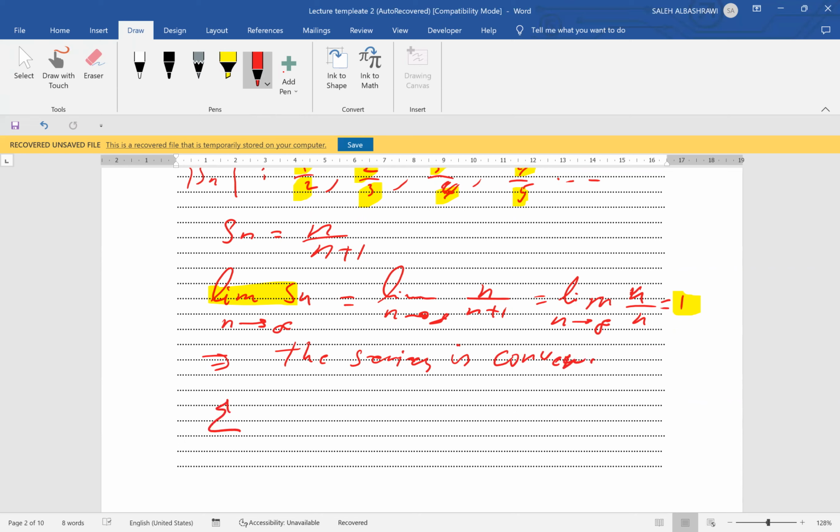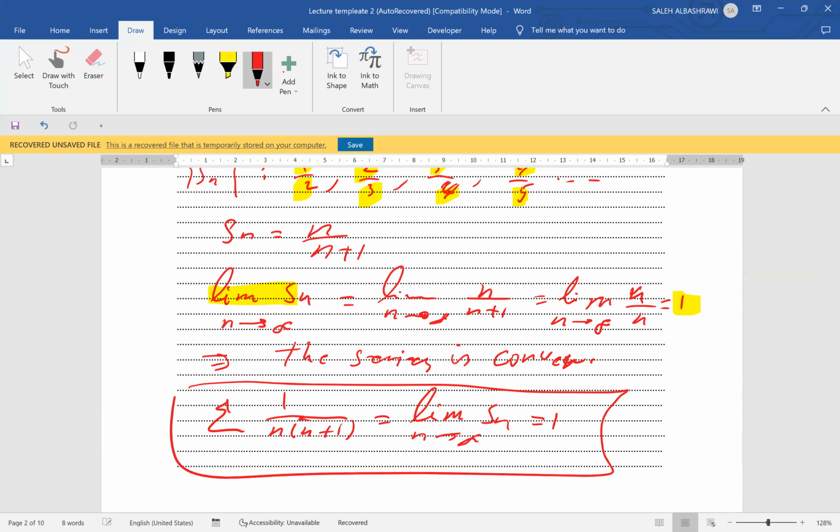And also the sum of the series, which is 1 over n times n plus 1, is equal to the limit of Sn as n goes to infinity, which is equal to 1. So the sum of the series is equal to 1.